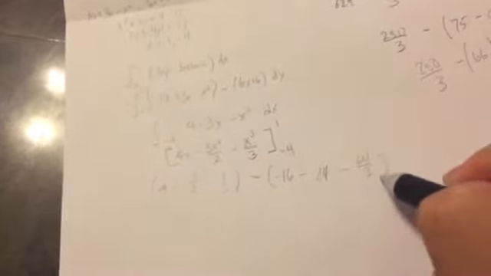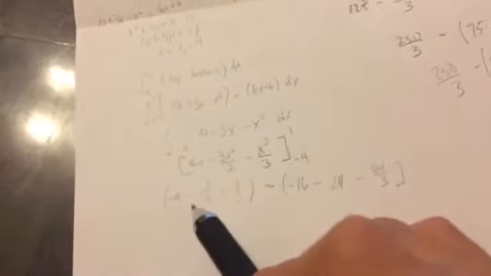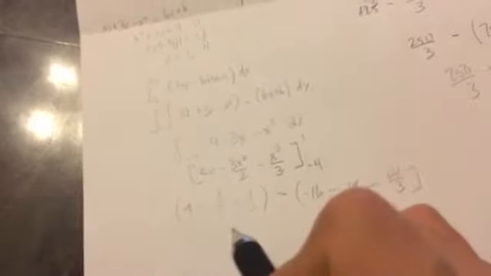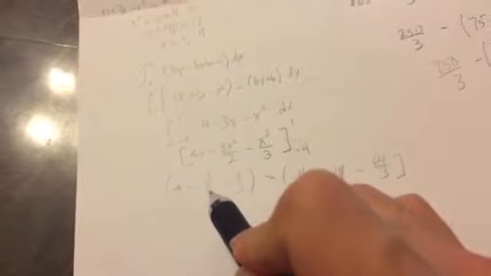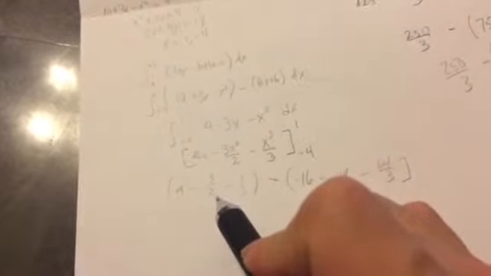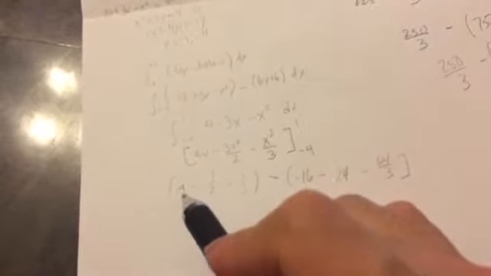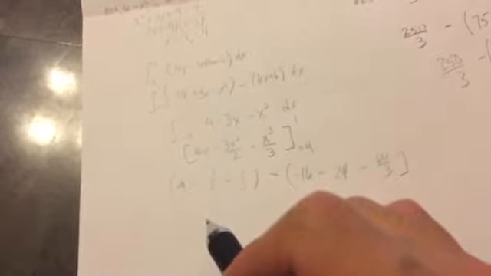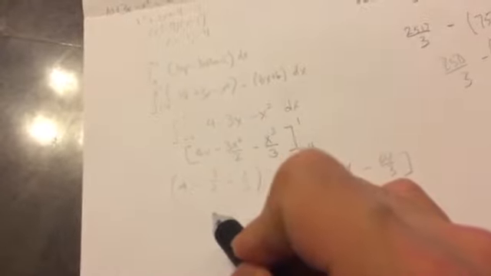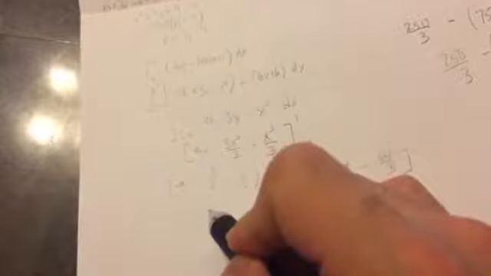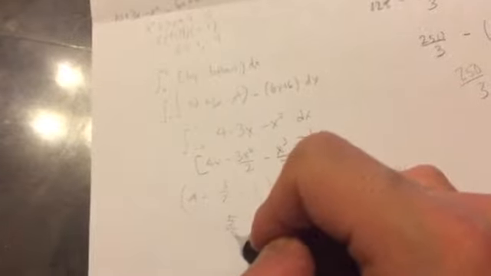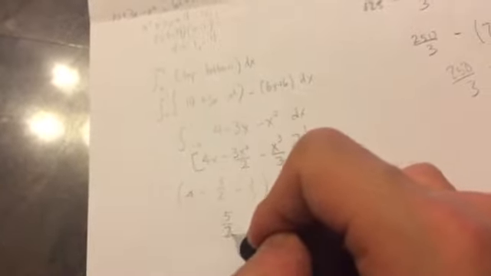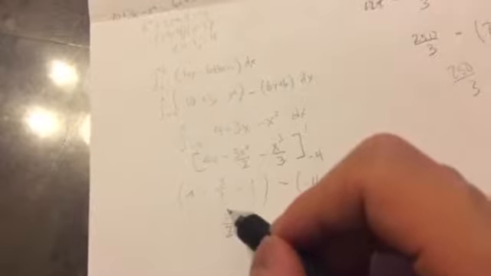Okay, now when you simplify this, the first one you're going to be left with is 1.5. So 4 minus 1.5 is 2.5. So 5/3, right? I mean 5/2. Sorry about that.